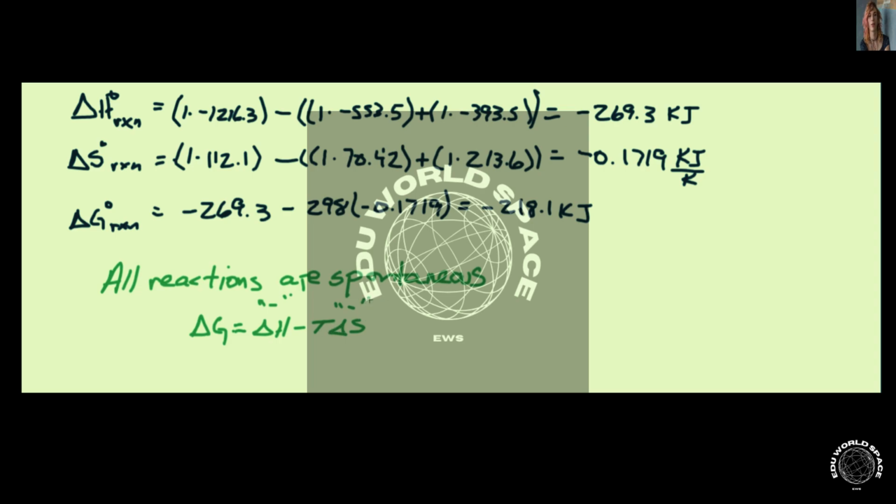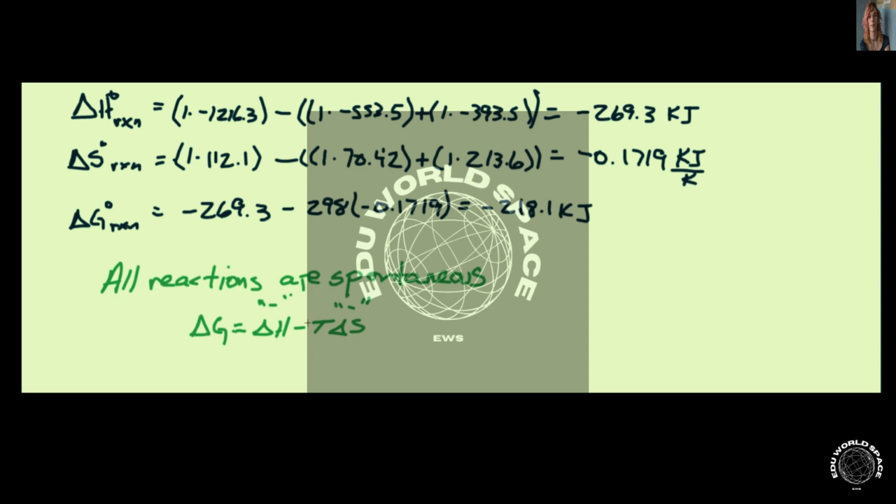what that means is that if we increase T, we're going to wind up having a value of this negative T delta S that is going to wind up making the system overall become more positive, right?